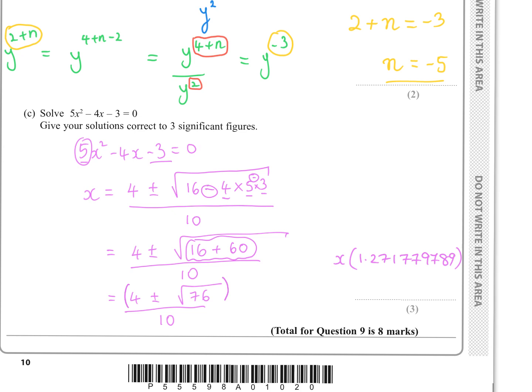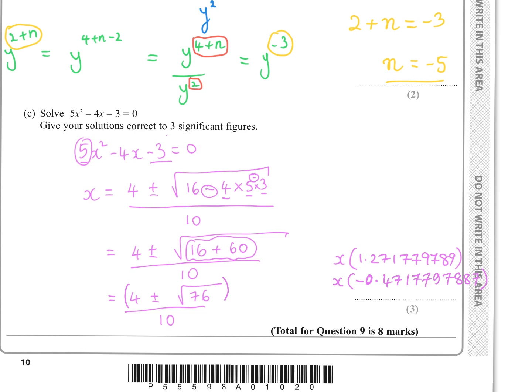So the answer I get is x is negative 0.47117978887.